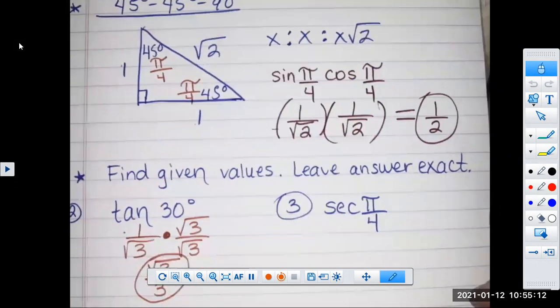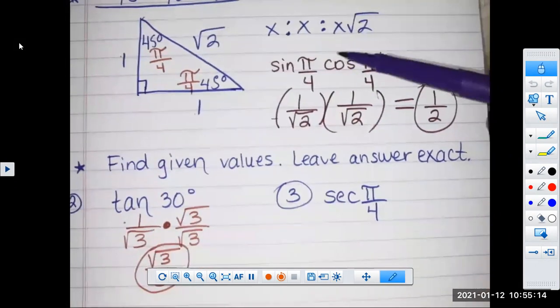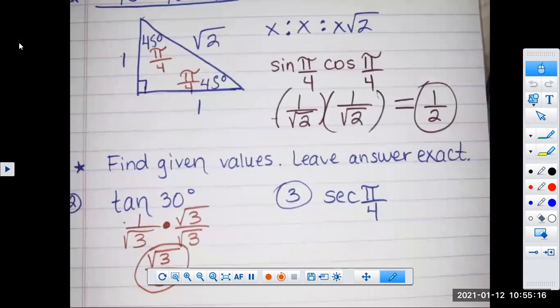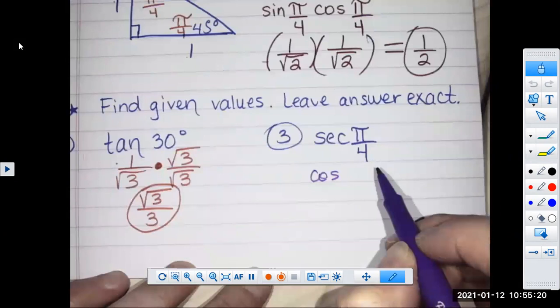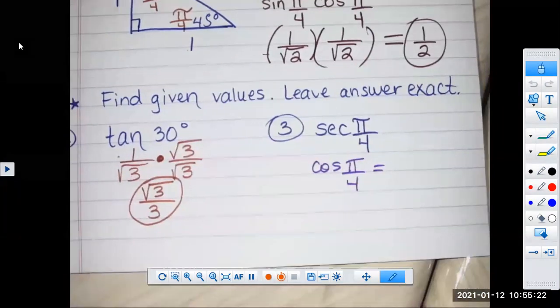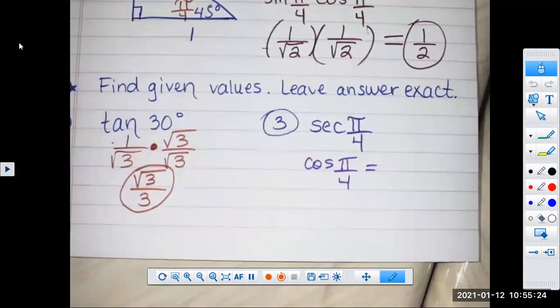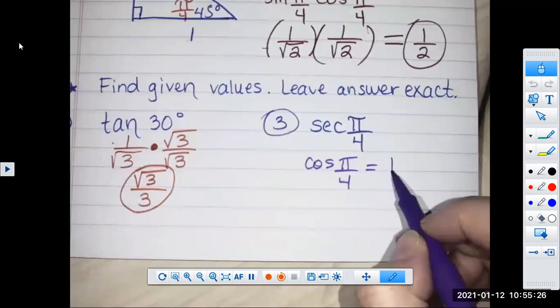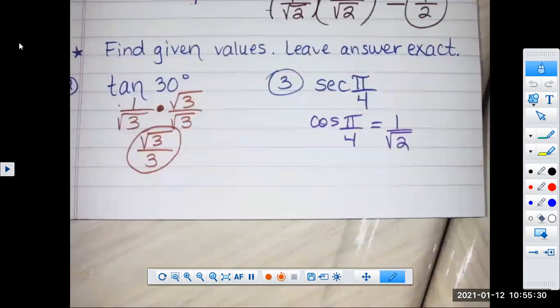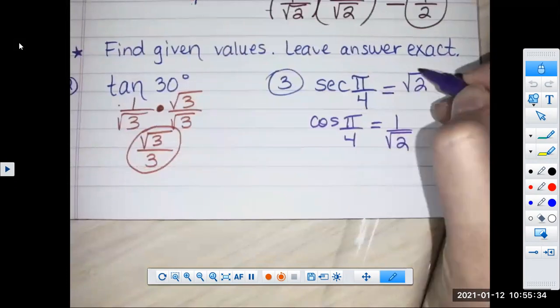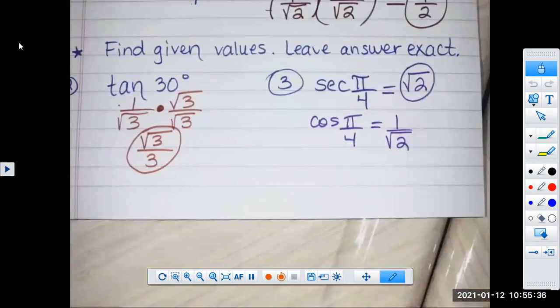Notice here we already found that the cosine of pi over 4 is 1 over root 2. Of course, you don't have to do the step; if you can just remember to find cosine and flip it in your head, that's perfectly fine. So that means secant is root 2 over 1, or root 2.